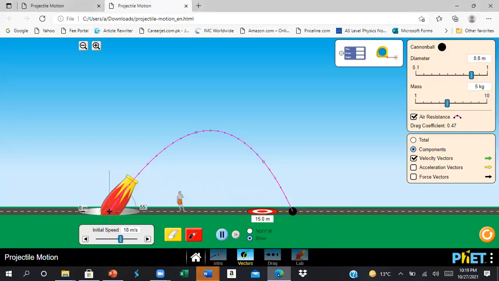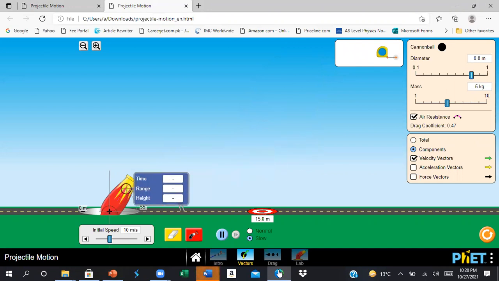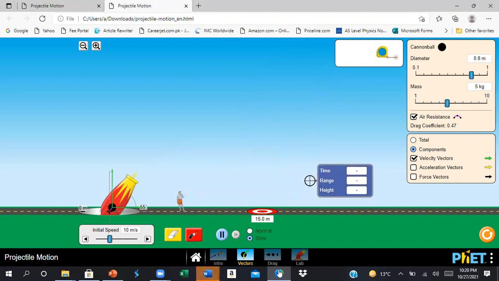What we are going to do is throw it with a speed of, let's say, 10 meters per second, and see how much time it will take to reach the ground.